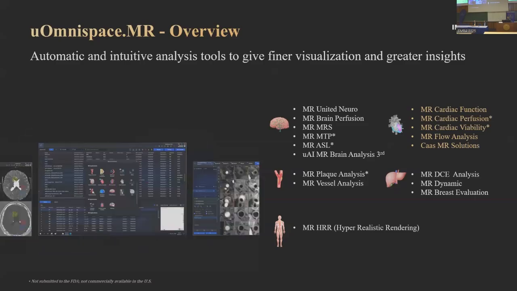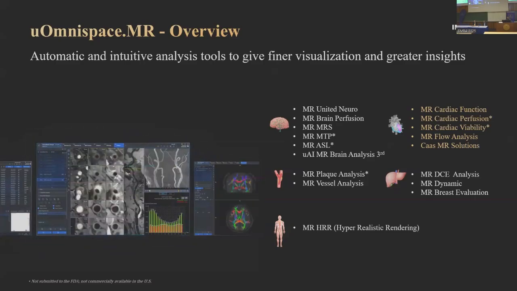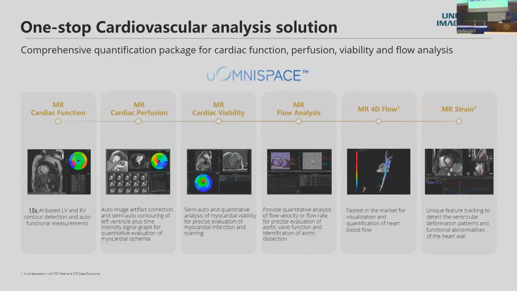For the MR section, as we can see here, the cardiac is only a small portion of it. With this one-stop cardiovascular analysis solution, we can offer automatic and semi-automatic processing for the cardiac functions, perfusions, viabilities, 2D and 4D flow, MR strains, as well as vessel walls.